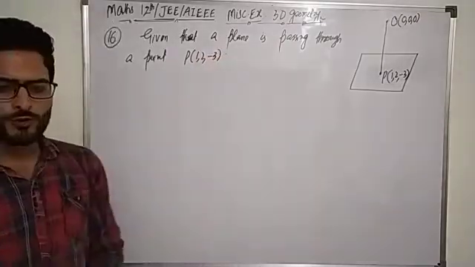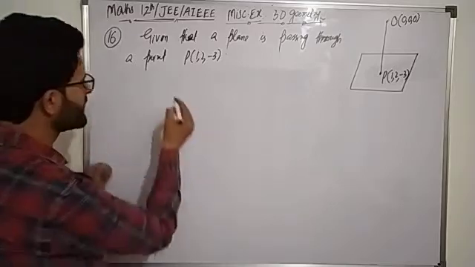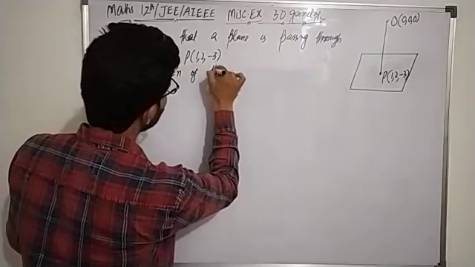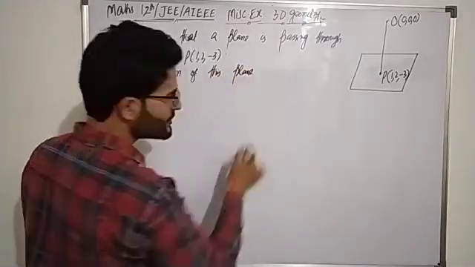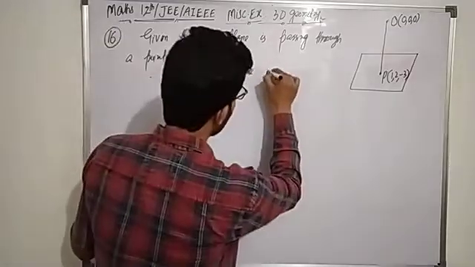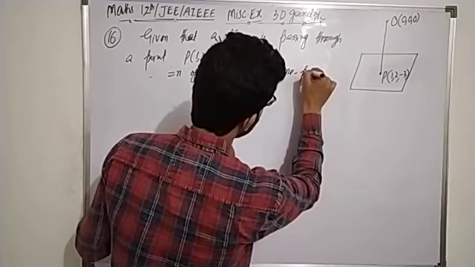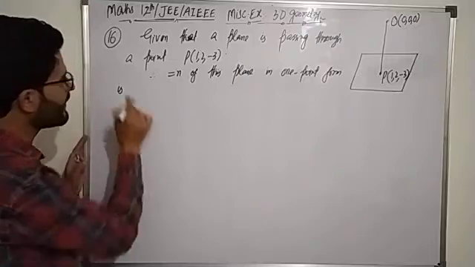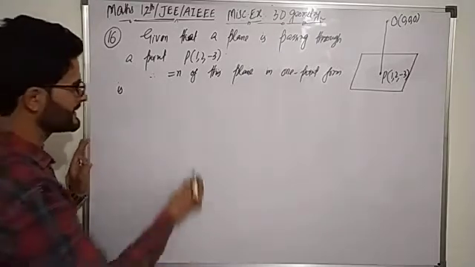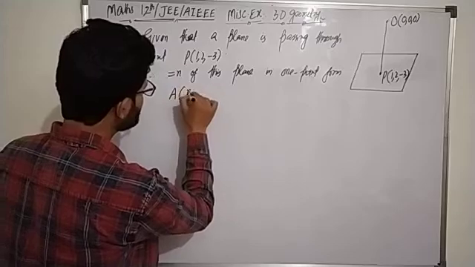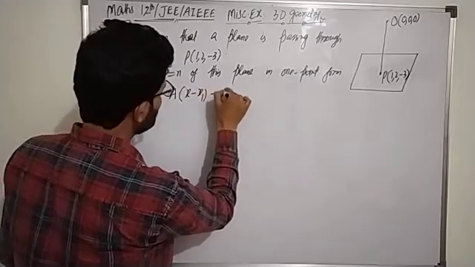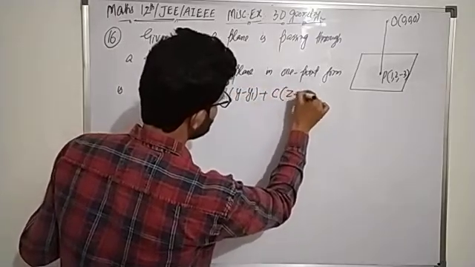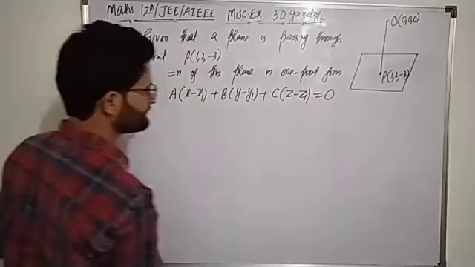Since it is passing through a point, so we can find its equation in one point form. Therefore, equation of this plane in one point form is, yes, a into x minus x1 plus b into y minus y1 plus c into z minus z1, and that's equal to 0.